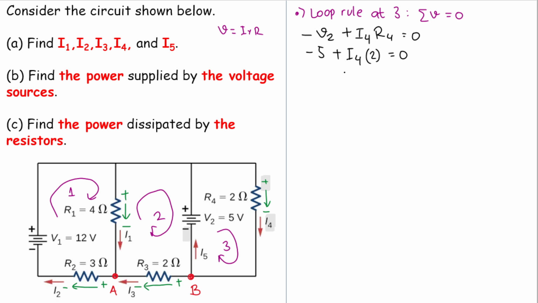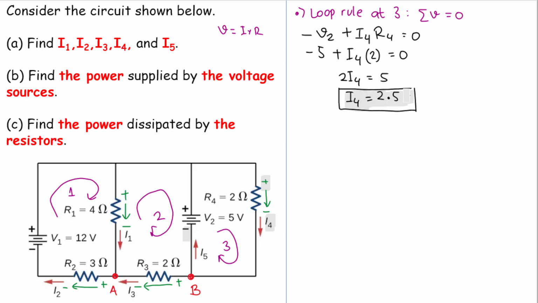Or we can manipulate this: 2I4 is equal to 5, and therefore I4 here is 2.5. And the unit here will be ampere. And I think we have our first value here. I4 is 2.5 ampere. Good.